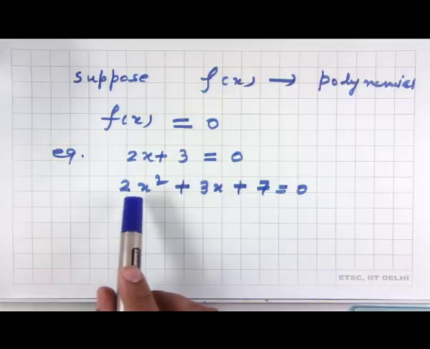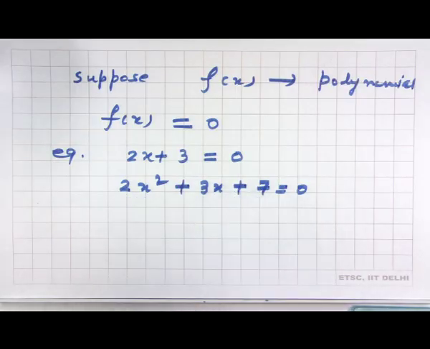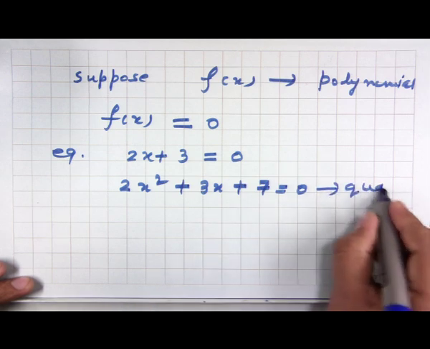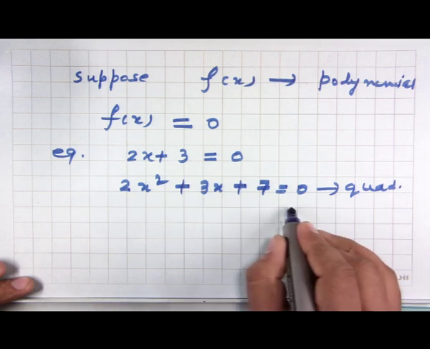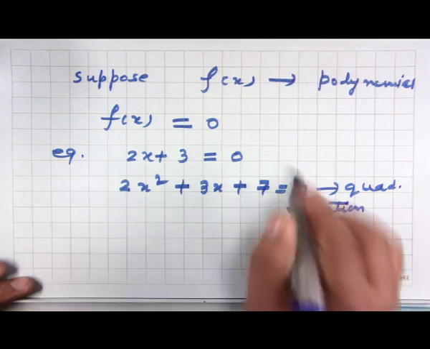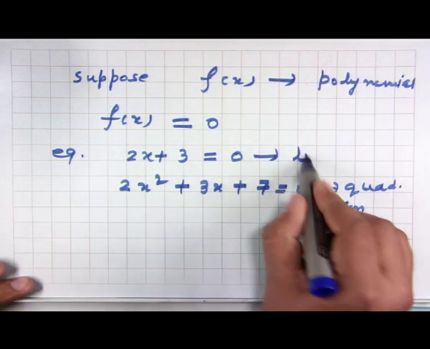So that is why it is called a quadratic equation. And the first example is a linear equation.